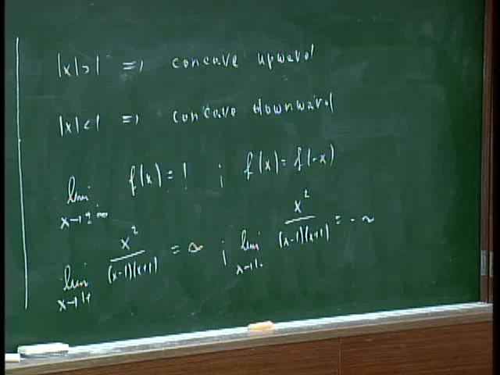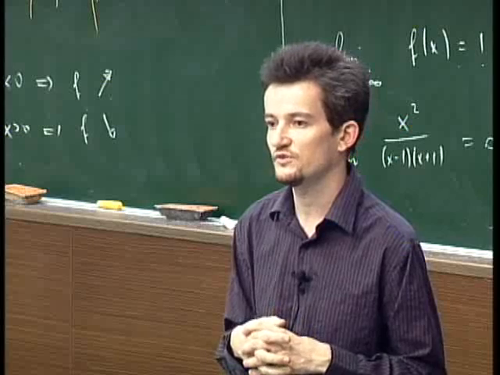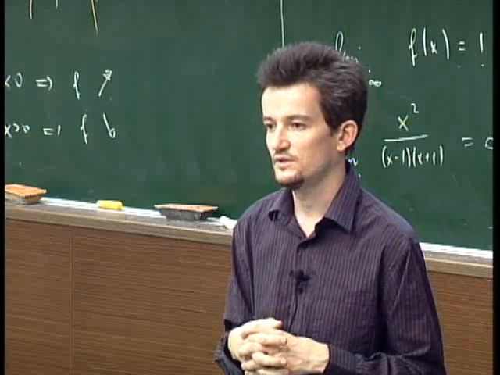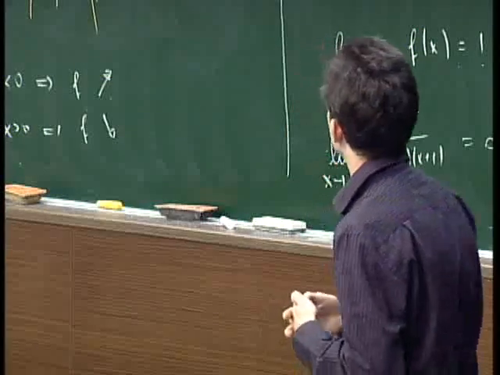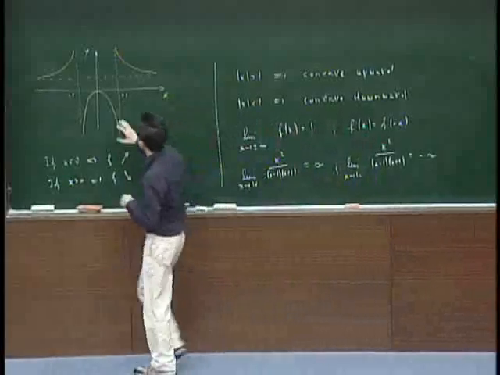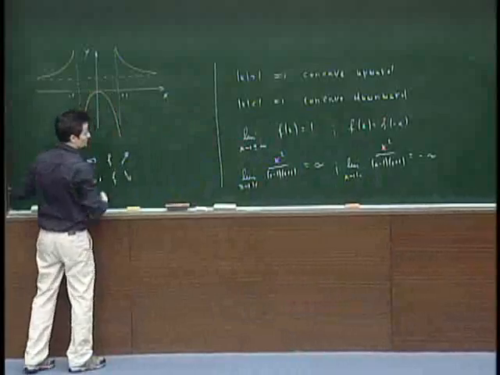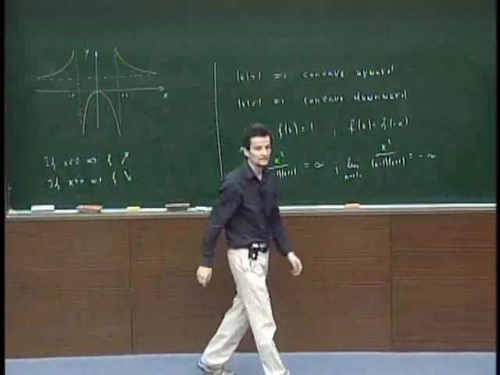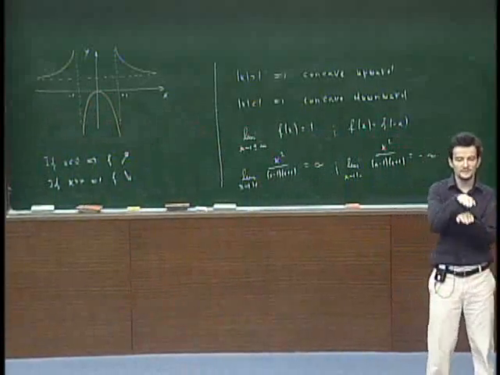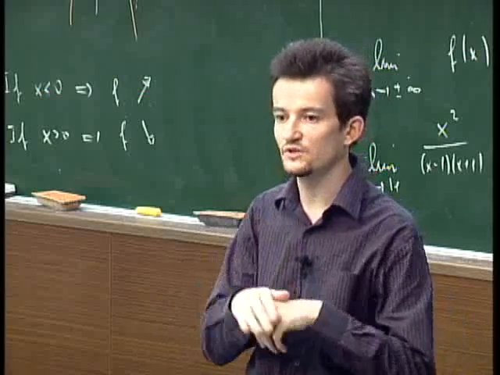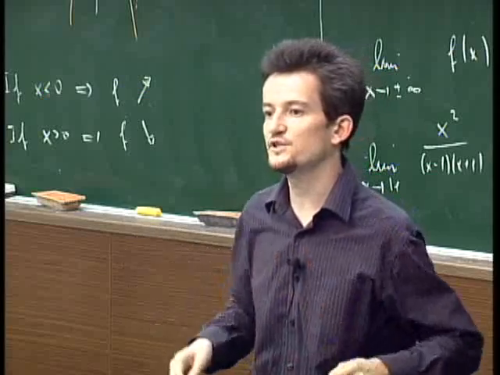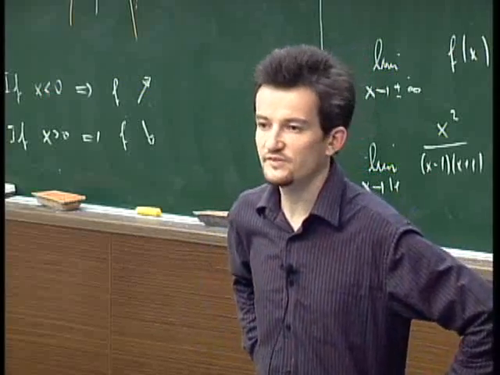What we need as well, other helpful information, are zeros. So where is the function equal to 0, which are the x-intercepts. And in order to understand the shift, because you have to understand whether this is shifted up or not, you also have to find the y-intercept, which explains where the function is located.